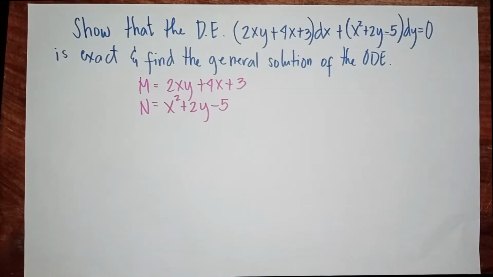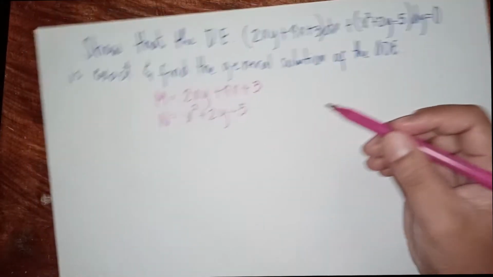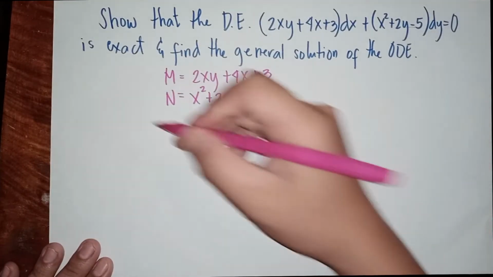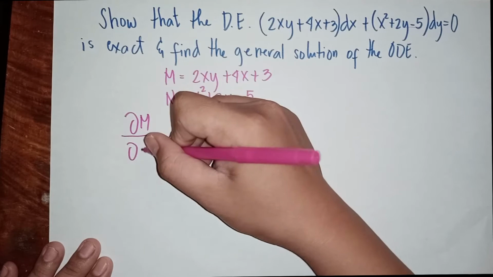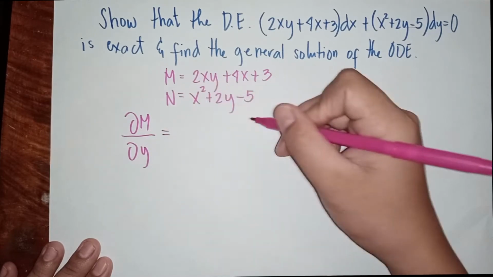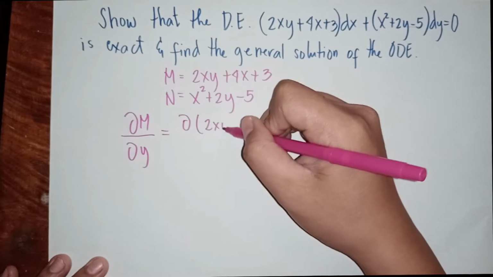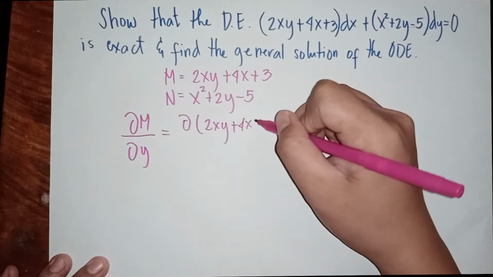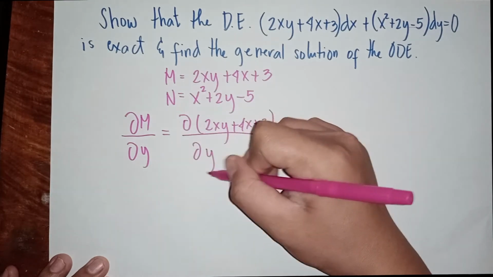So in order to test if this given differential equation is exact, we are going to use this formula. First, we are going to solve for the partial derivative of M with respect to y. That is equal to the partial derivative of our M, 2xy + 4x + 3, with respect to y.